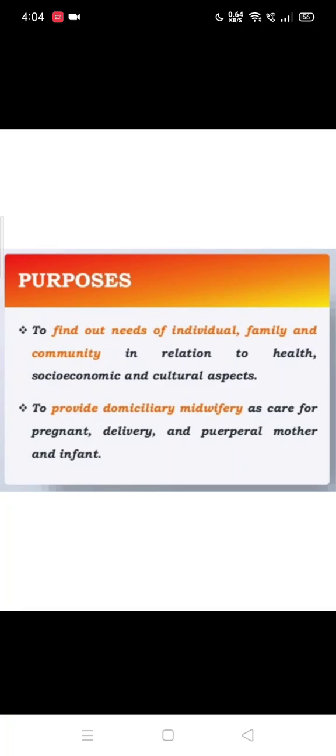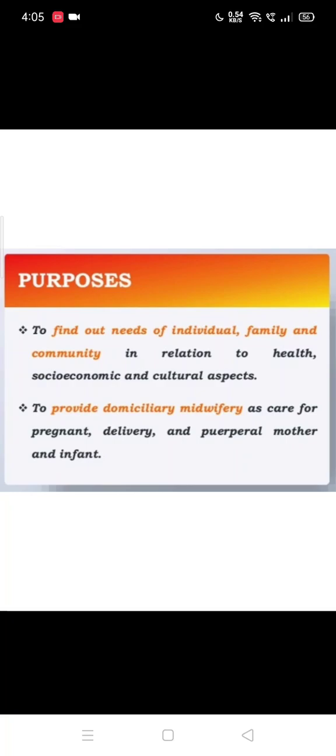It is nothing but to identify the needs of the individual related to health, related to socio-economic status, as well as related to cultural aspects, which are the factors influencing the people's needs, mainly related to health. To find that out, we have the purpose of doing the home visit.